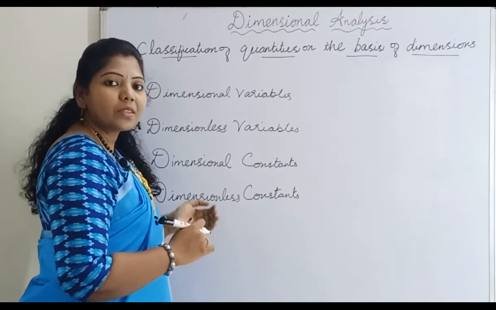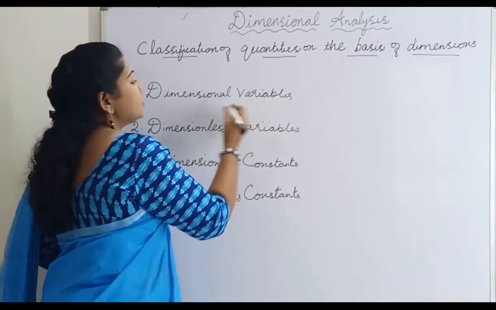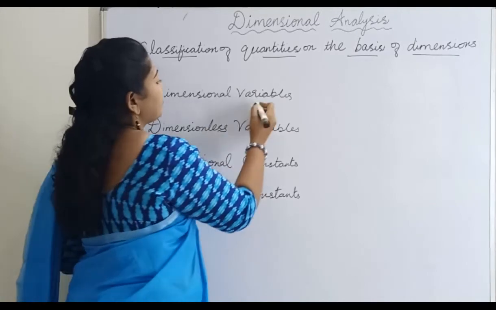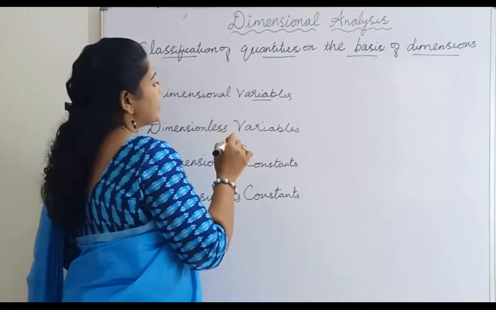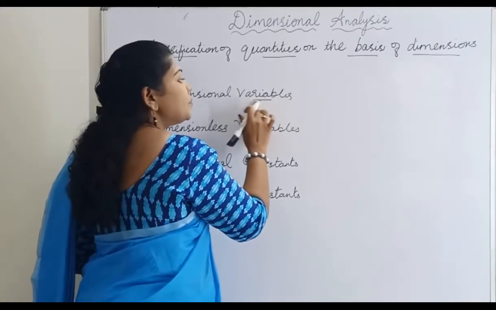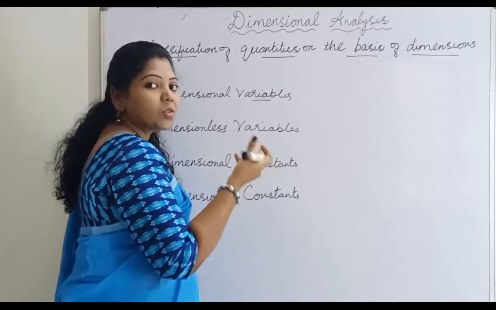So now we are going to see what dimensional variables are. From the name itself you can say, dimensional variables are physical quantities whose value varies. It's not a constant.